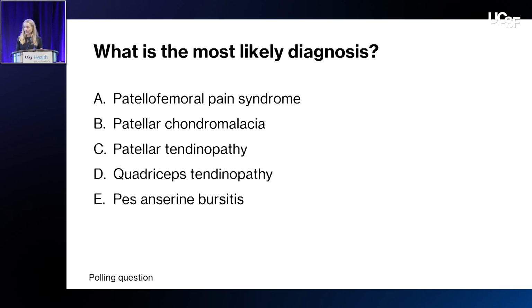All right, so we're going to try to launch a polling question. So we'll see how this goes. This is meant to be done in the app. And so I think if you go to Whova to this talk and look for polling questions, you should be able to log your response.